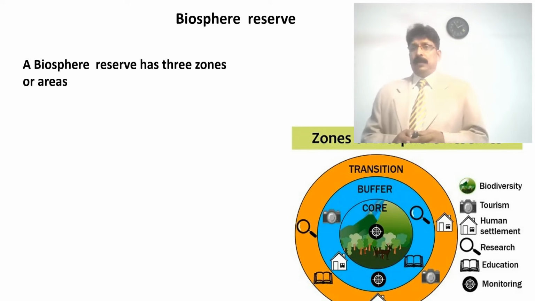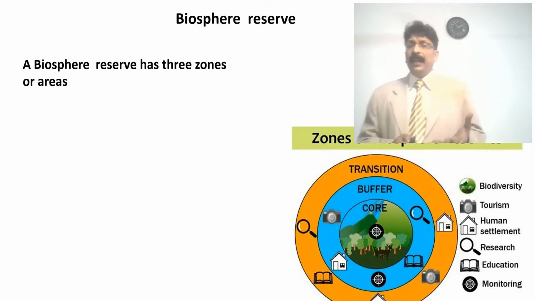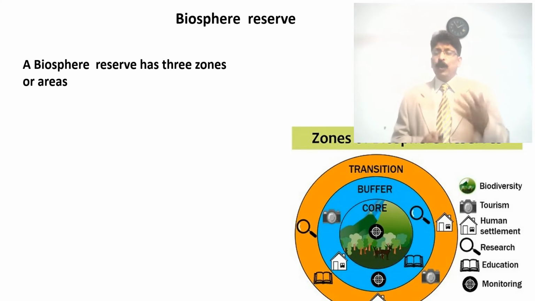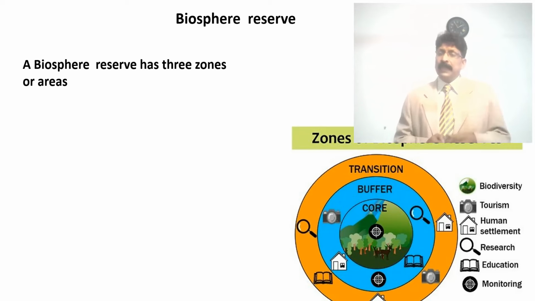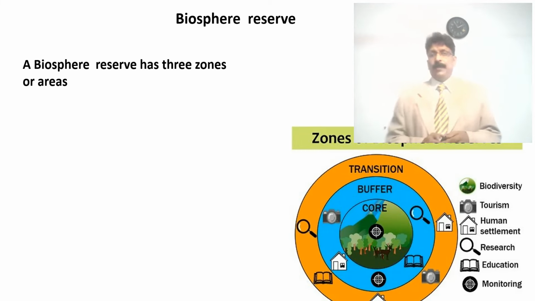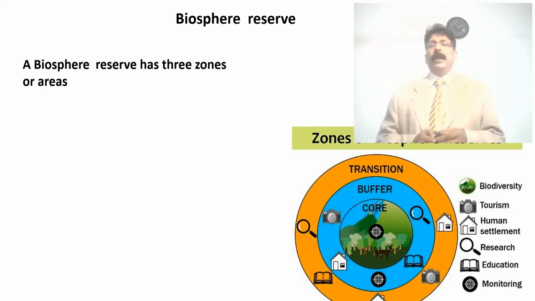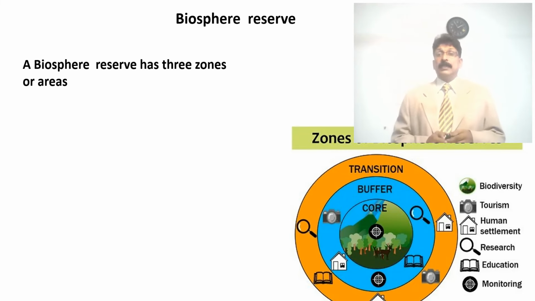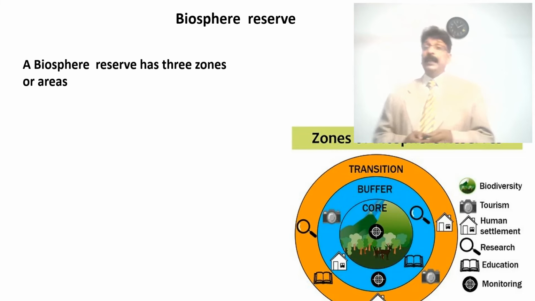In the transitional area, tourism, human settlement, research, education, monitoring, these all are allowed. Buffer, very little. Core area, only animals and plants, the natural resource. So this is biosphere reserve.